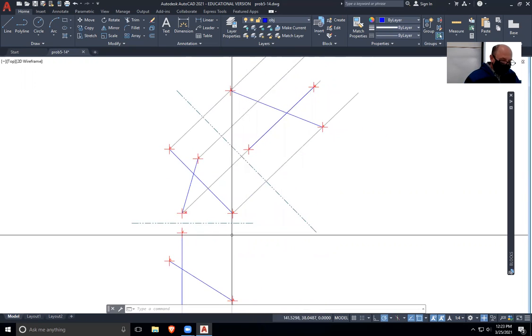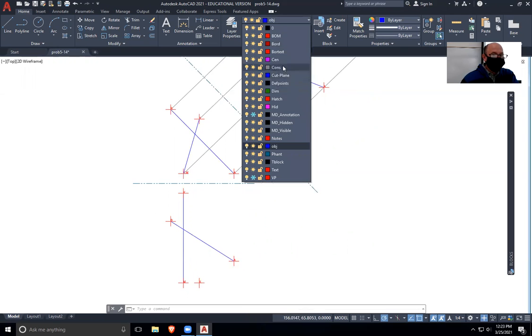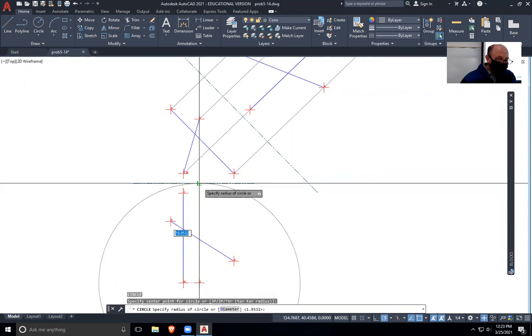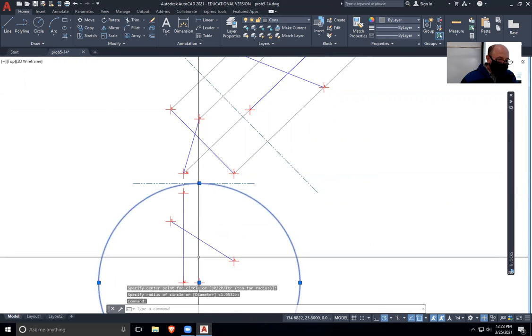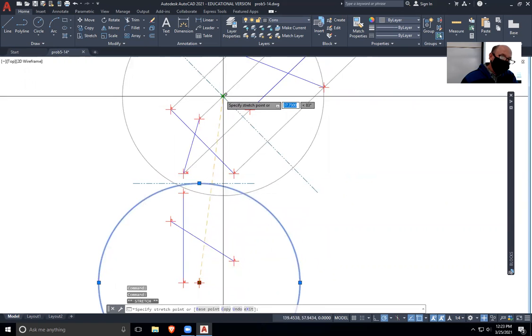Oh, X. I got to get X over here. Same size circle. Put right there.